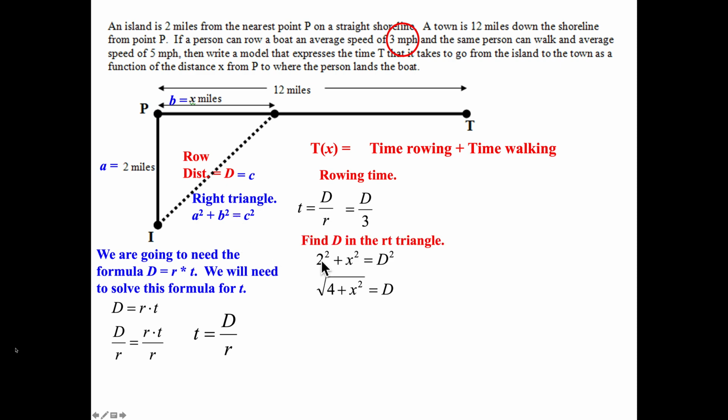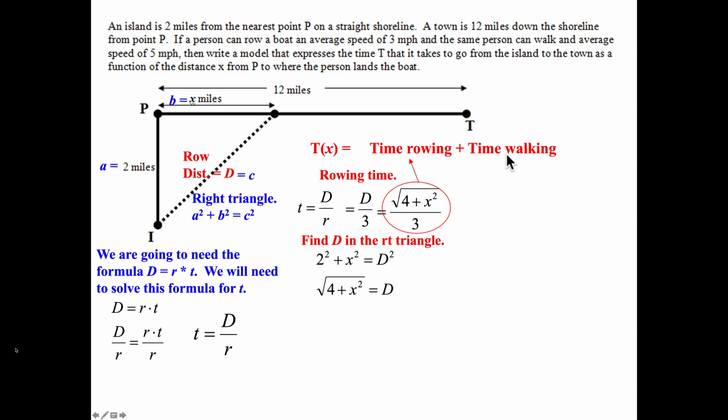So 2 squared is 4, plus x squared. Then take the square root of both sides to get capital D by itself, and I'm going to substitute that in for this D right here. And this is the expression for my rowing time, distance over rate. That's the time for rowing.